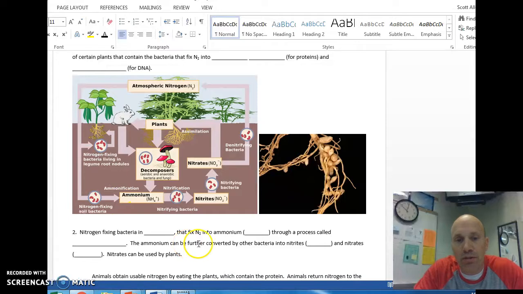Ammonia can be further converted by other bacteria into nitrites, NO2 with a minus sign, and nitrates, NO3 with a minus sign, and that's done with what are called nitrifying bacteria. So these nitrates here can be used by plants. That's a way to eventually go from nitrogen in the air to a different form of nitrogen which a plant can use. And again, once it gets into a plant, we can eat that plant, we can use that nitrogen.